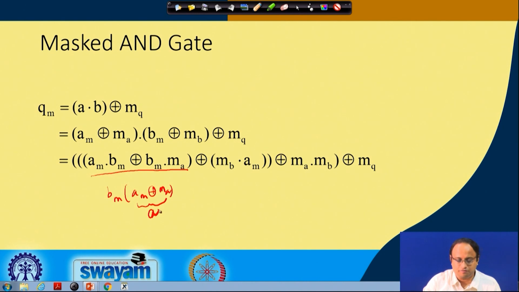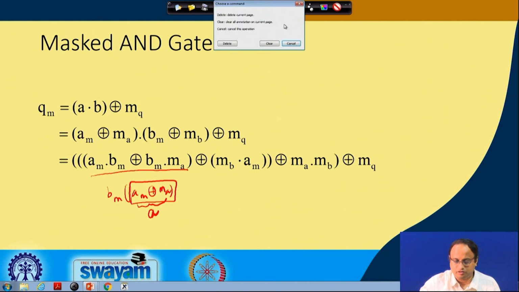We have to implement it in a way so that in no case do we have these situations arising, that is, the masked data and the mask should not combine together. And this leads us to a specific circuit which I will explain after this.